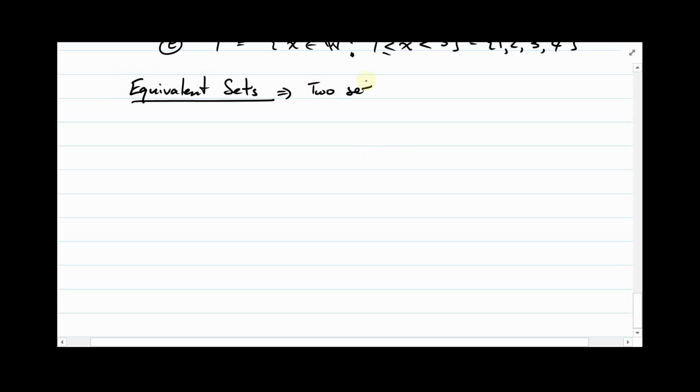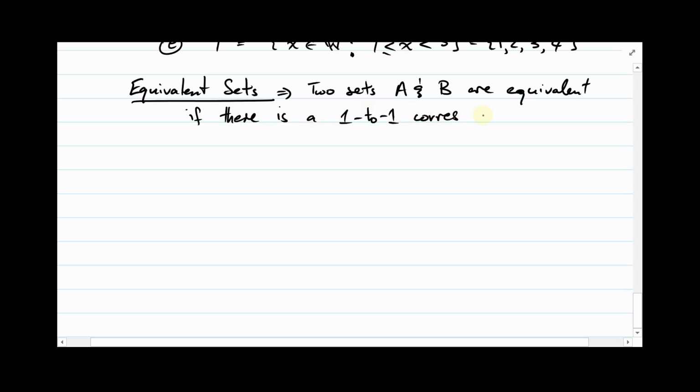So two sets, A and B, are equivalent if there is a 1-to-1 correspondence between the elements, between their elements.